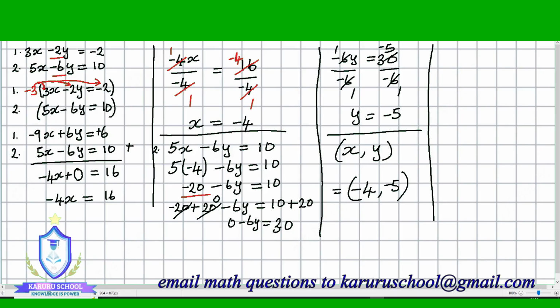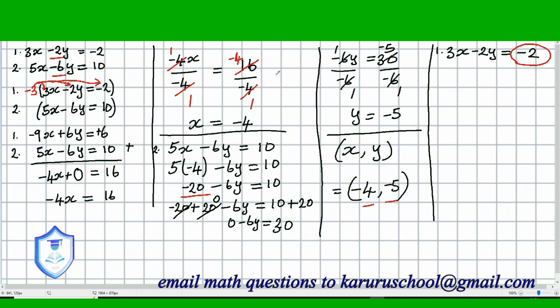So let us verify whether our answers are correct by substituting in the values of x and y into our expression. So we will use the first equation to test the answers, and also later use the second equation to verify our answer. So the first expression is 3x minus 2y is equal to -2. So we will substitute in the values of y and x as obtained in our expression here to equation number 1 and see whether we will be able to arrive at -2 as the answer.